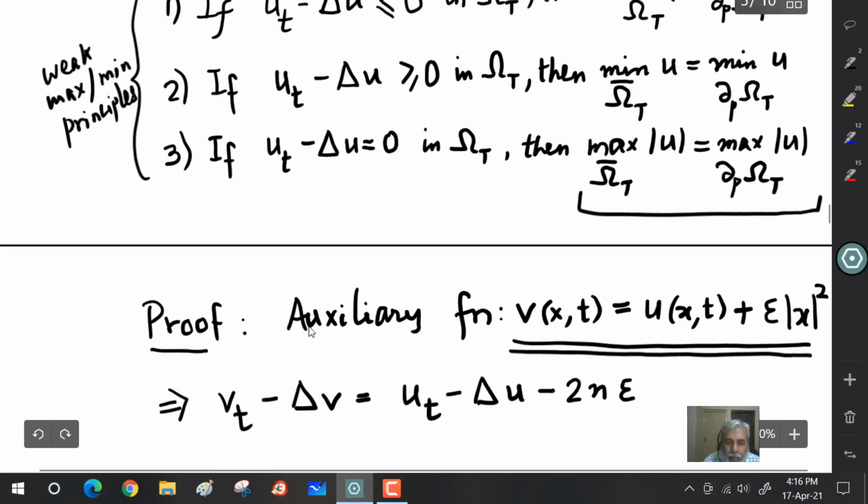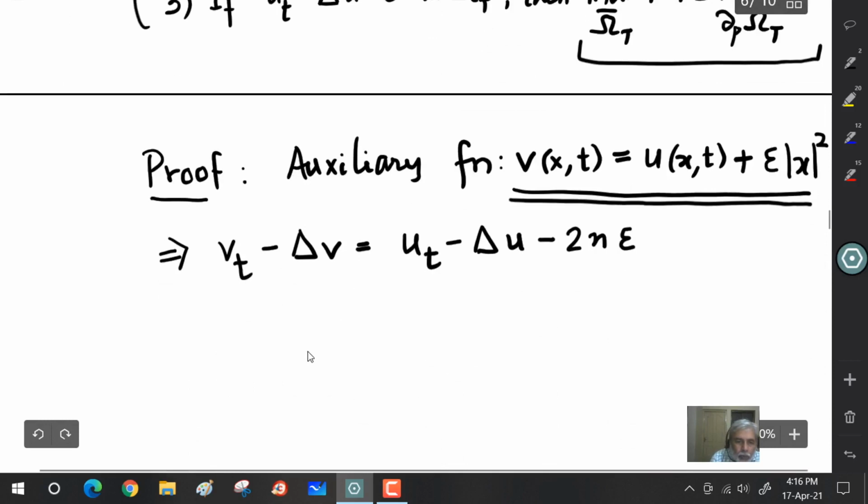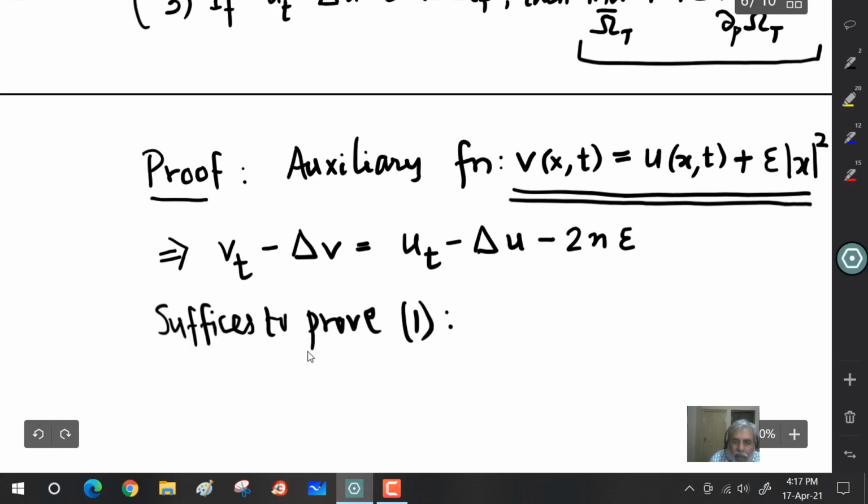So it suffices to prove 1. For that you consider this auxiliary function, and you see that this is less than 0.